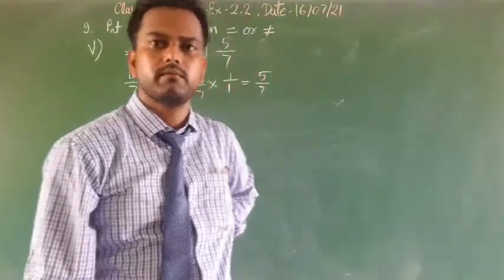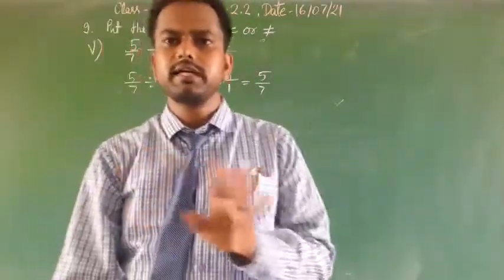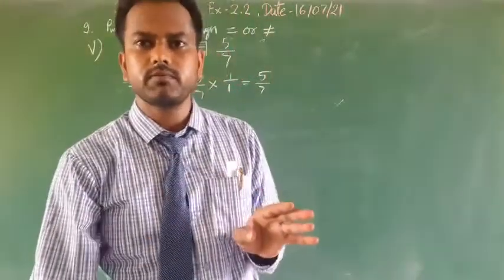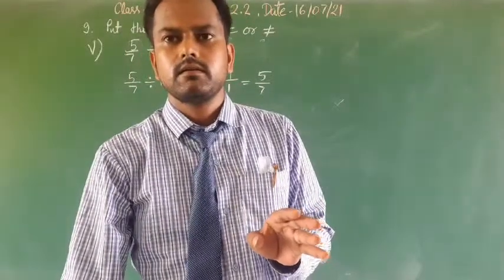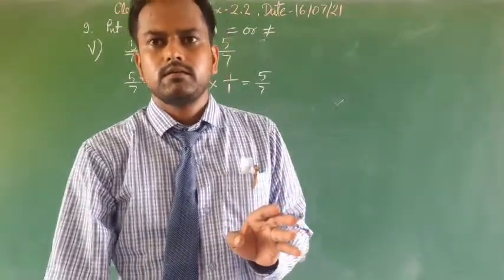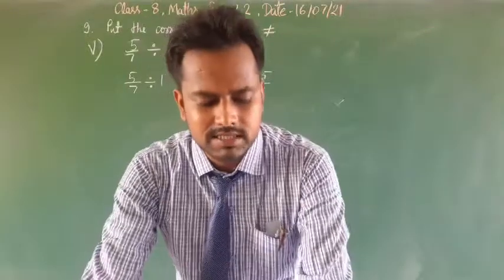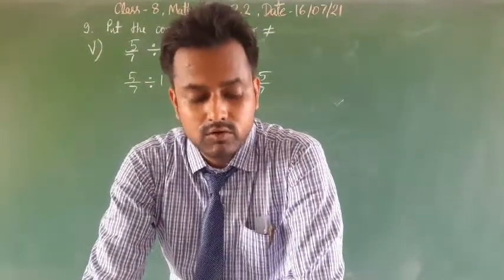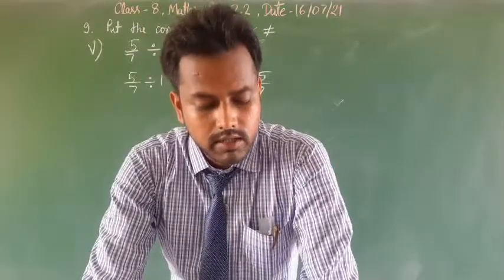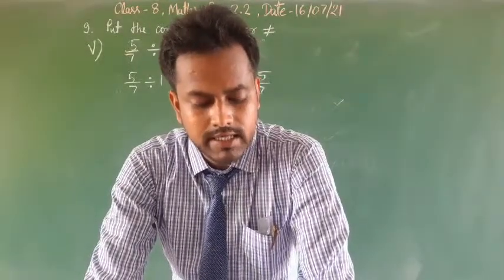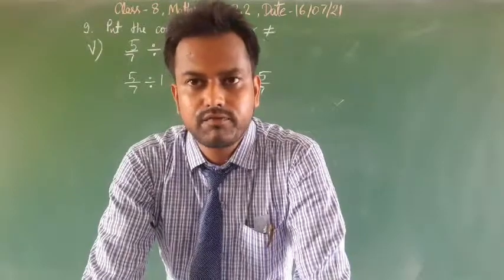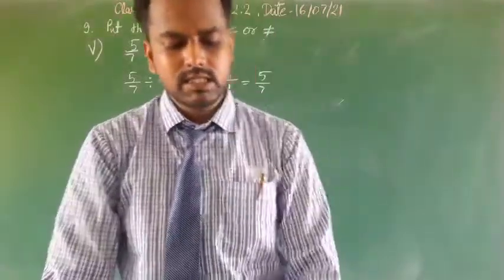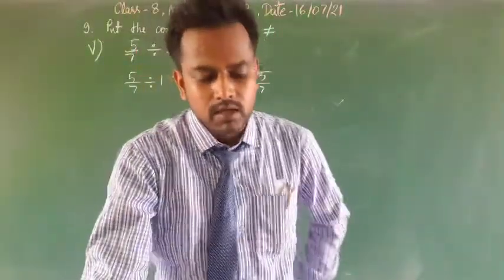In division, commutative property and associative property do not apply. But in this statement it is given that commutative and associative properties hold good in case of division of rational numbers. That is false. So 6th statement is false.